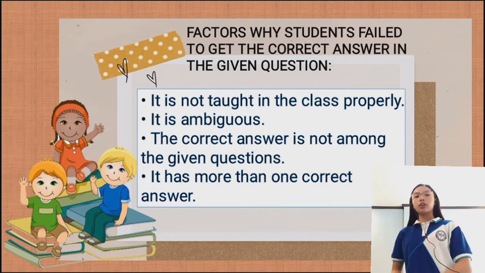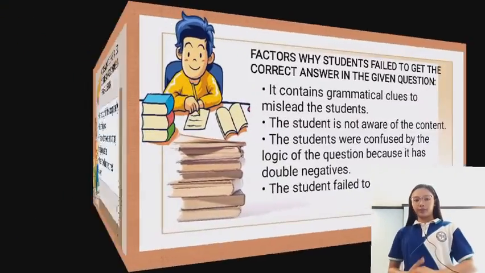The third one is the correct answer is not among the given options. The given options maybe are not related to the correct answer, or there is more than one correct answer. That is why children will have a hard time finding the correct answer because they will read it repeatedly and be confused about what is the best or what is the correct answer.